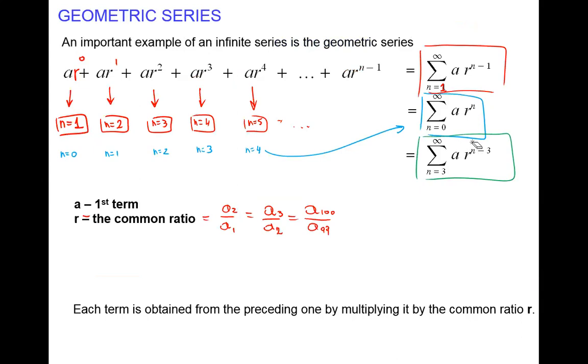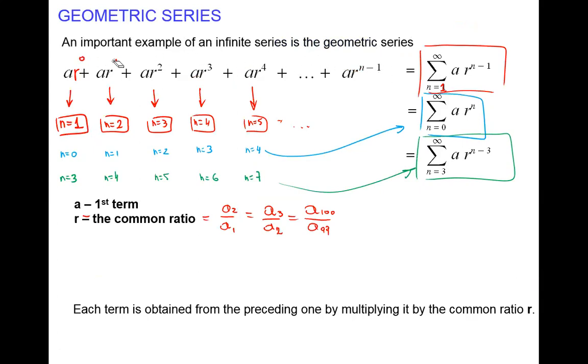That means I have to have n minus 3, because the first n will be 3, and 3 minus 3 is 0. This one is defined for n equals 3 as the first, then the exponent is 1 for n equals 4, 2 for n equals 5, 3 for n equals 6, and so on. Okay, but we can see that using all of them, I always have the same output.